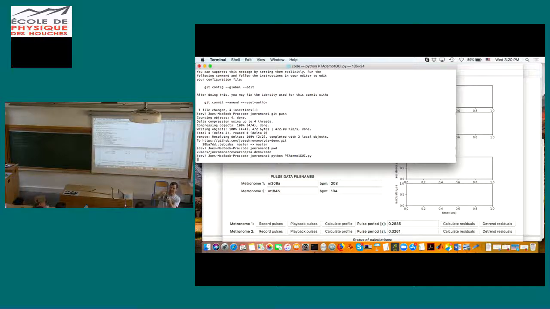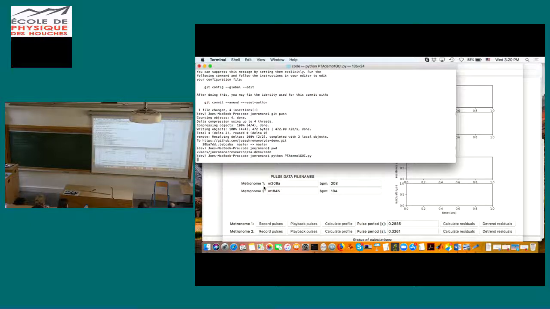So not only are the beats per minute different, but the shapes of the profiles will be different as well. I'll take metronome number 1 here. It's beating 208 times per minute. It's in mode A.